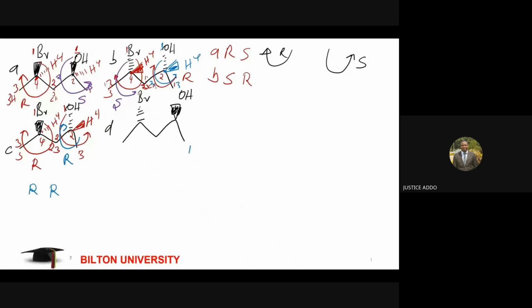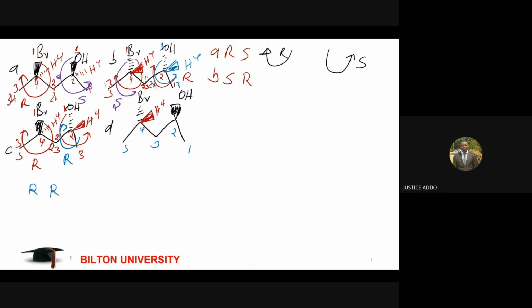So we have 1, 2, 3, 4, and 5. Once again, if you look at carbon number 4, which is our chiral center, we have bromine at the back, meaning that we are going to have our hydrogen in front, and therefore actually, if you look at D, automatically it is going to be the opposite of C, which is going to be SS. But let's prove it. Let's prove that D is going to give us SS.